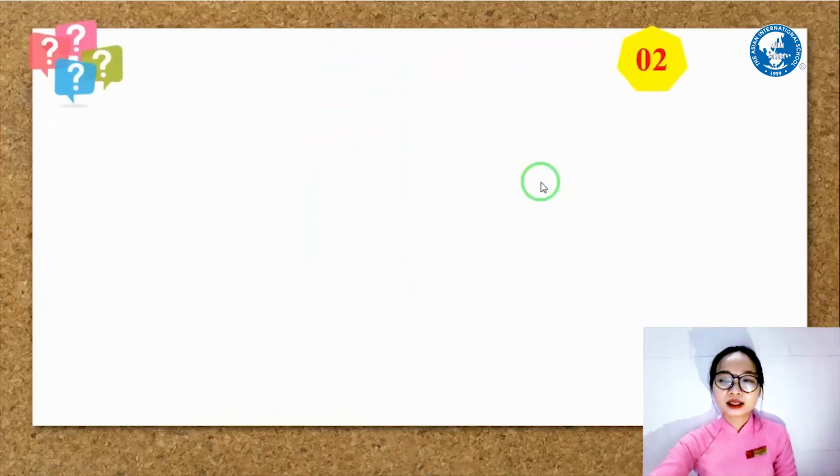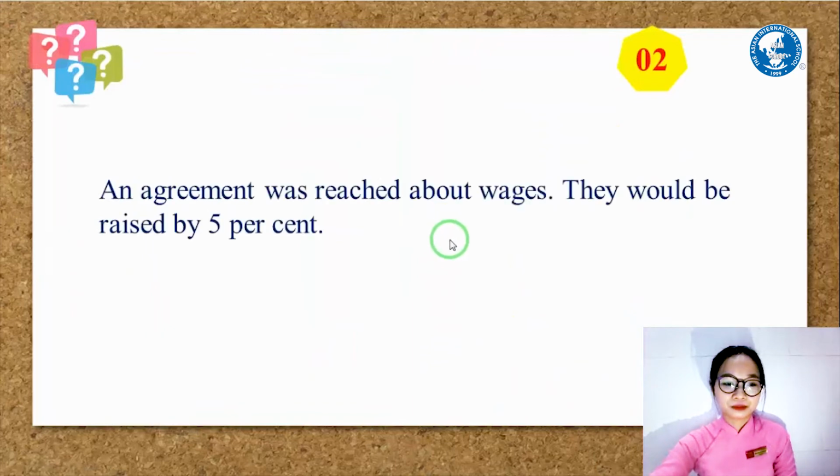Now we come to the second sentence. An agreement was reached about wages. They would be raised by 5%. There are two sentences. The first sentence: an agreement was reached about wages.